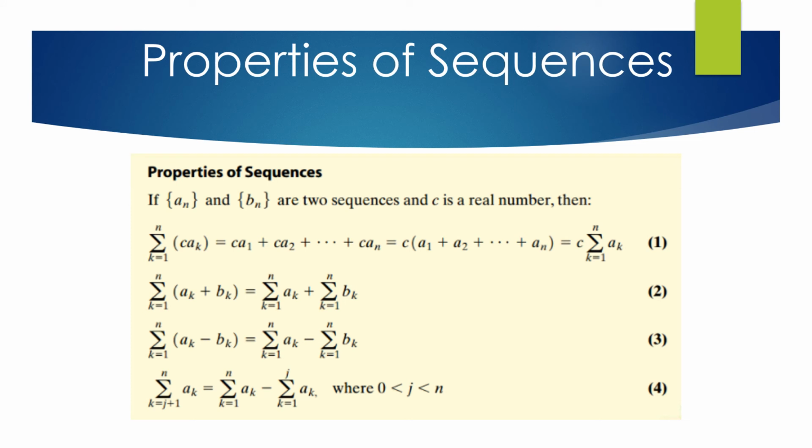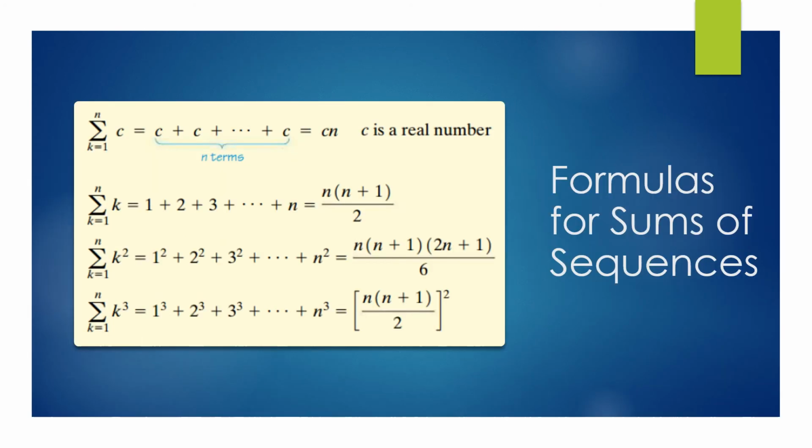Here we list some properties of sequences using summation notation. These properties are useful for adding the terms of a sequence algebraically. Here are some formulas for sums and sequences.